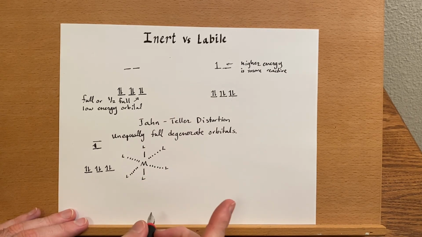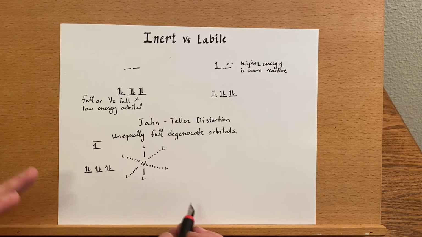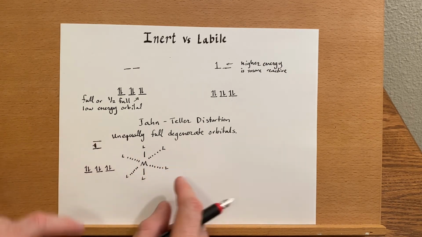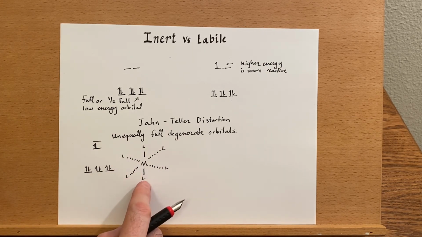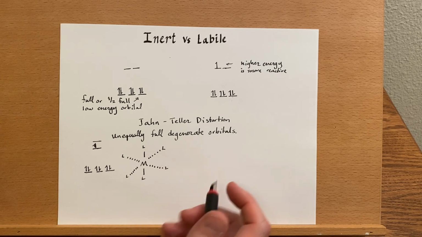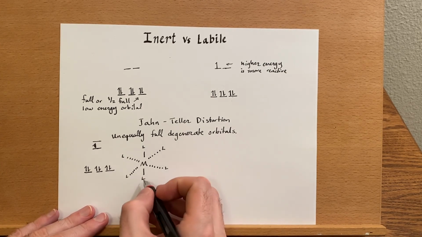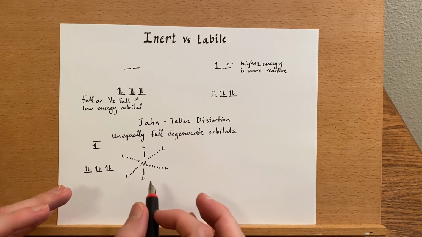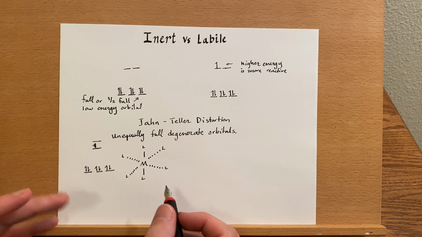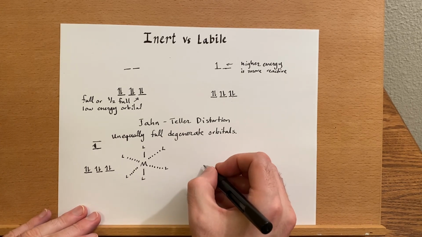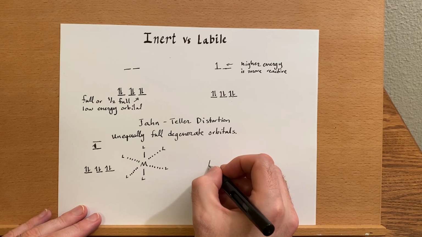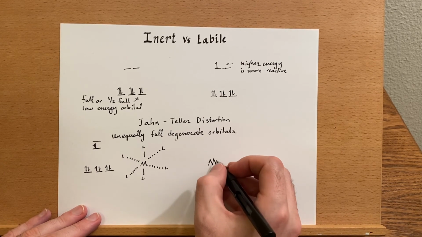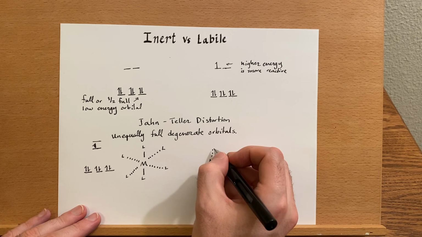That is one way that a Jahn-Teller distortion can manifest itself: the lengthening of these 4 equatorial bonds and a slight contraction on the axial bonds. I think the one that's a little bit more common, though, is a lengthening of the axial bonds and not much effect on the equatorial ones, just because it doesn't affect as many ligands. I would have to read a lot more literature to back that up, but it feels like that's the case.